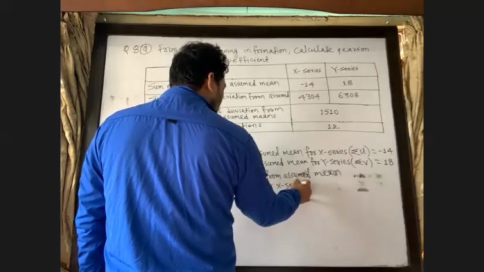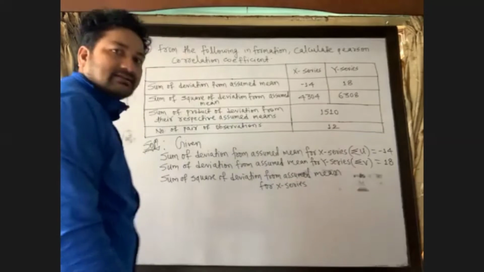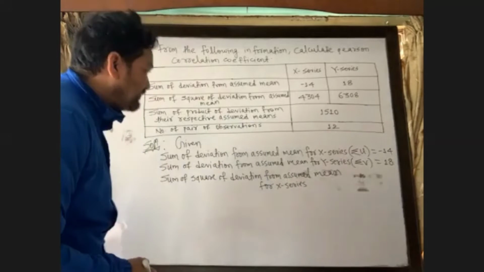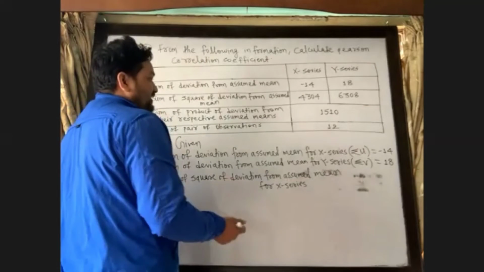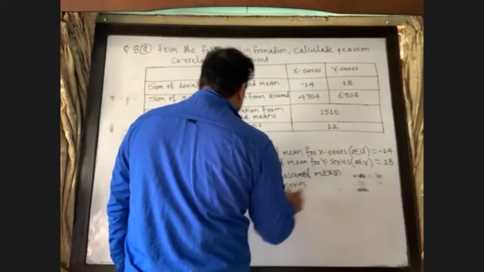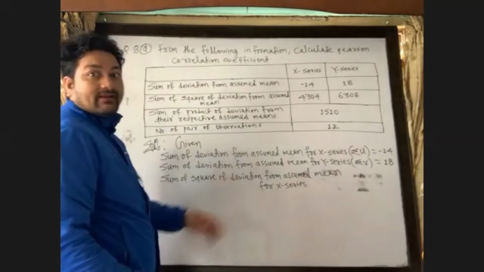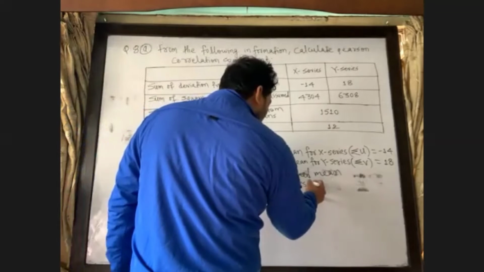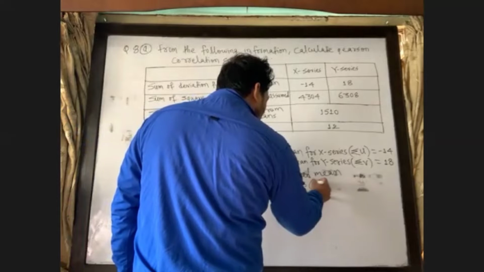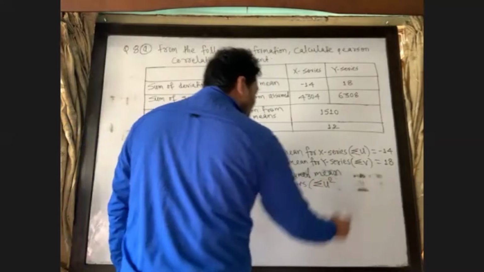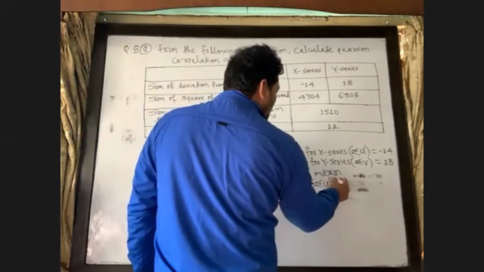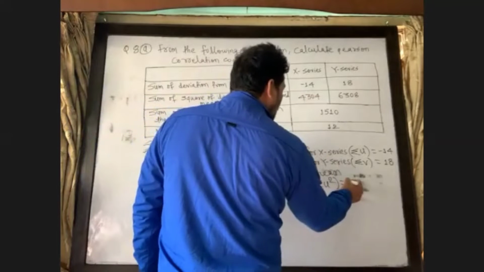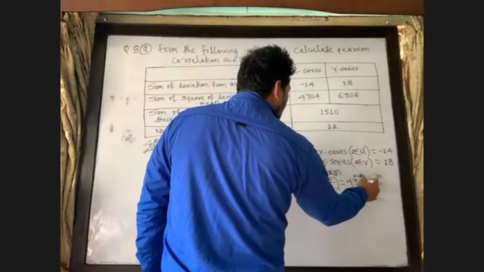Here for X series and Y series it is different. Sum of square of deviation means summation u square. Summation u square is equals to 4304, as given here.